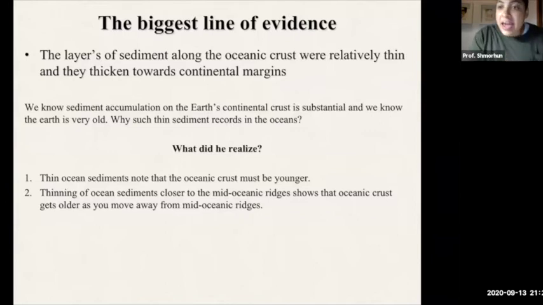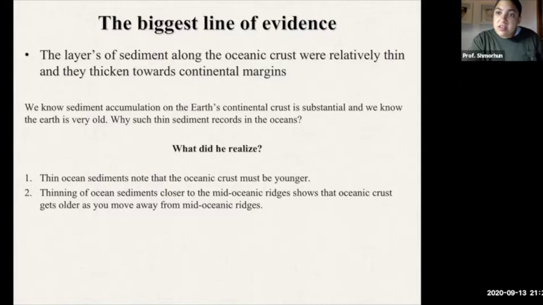Thus came along Harry Hess, who proposed a mechanism to explain these changes in sediment thicknesses. And he realized 2 things: that the thin ocean sediments must mean that the oceanic crust closest to the ridge axis must be younger than the oceanic crust that's right next to the continental margins.